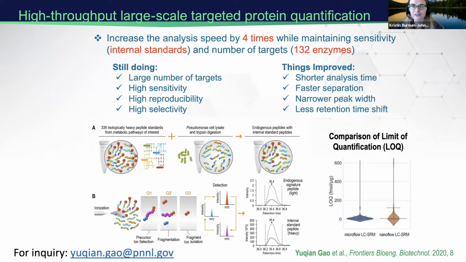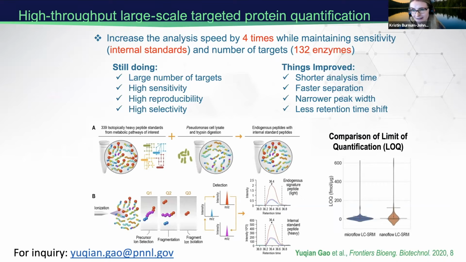We have also developed high throughput, large scale targeted proteomic quantification methods, where we apply these methods to our synthetic biology agile biofoundry samples. And there's the reference publication there.